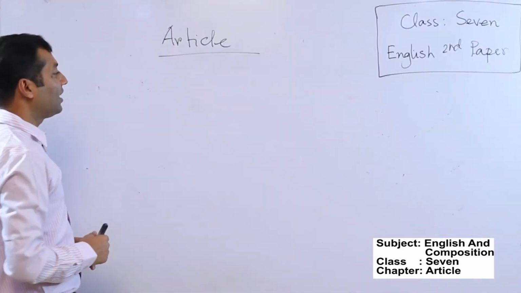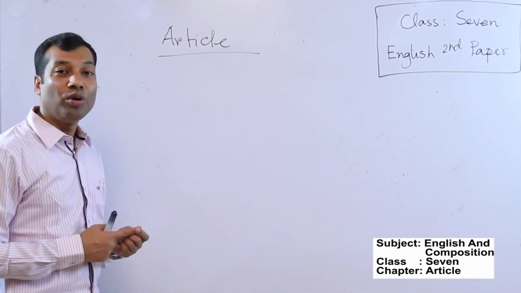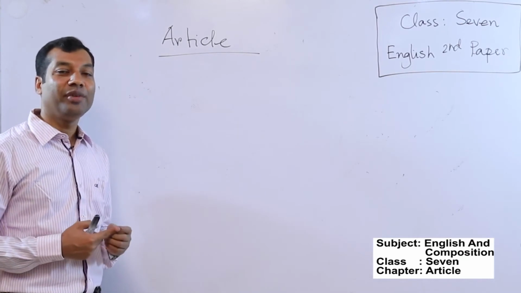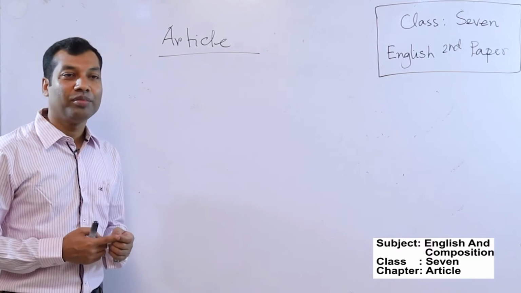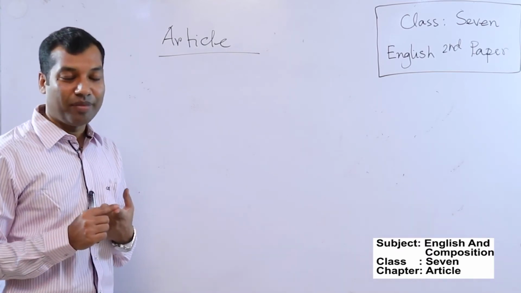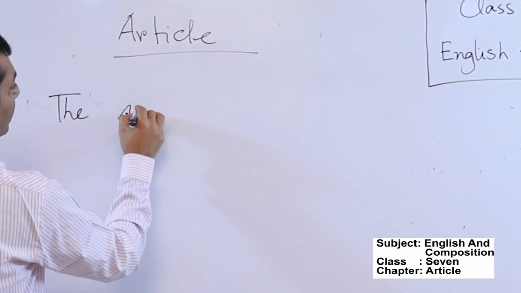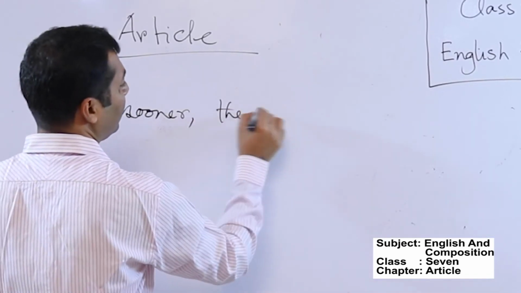As an adverb with comparatives, we know that comparative degrees do not take any article, whether a, an, or the. But sometimes, if the adverbs are used as comparatives, they must take the article "the" before them. For example, the sooner, the better.